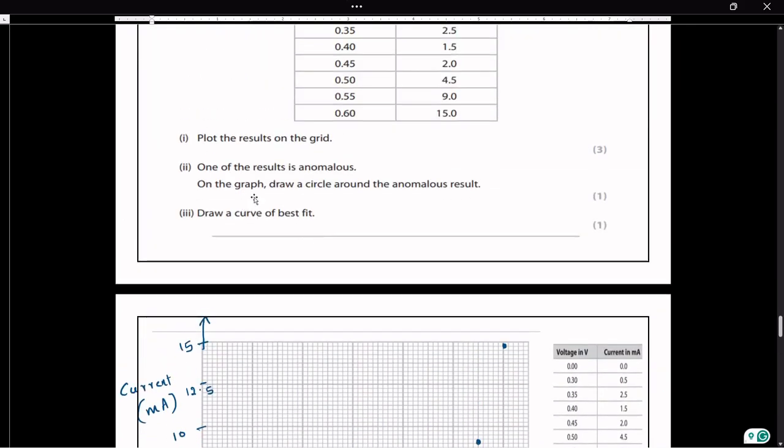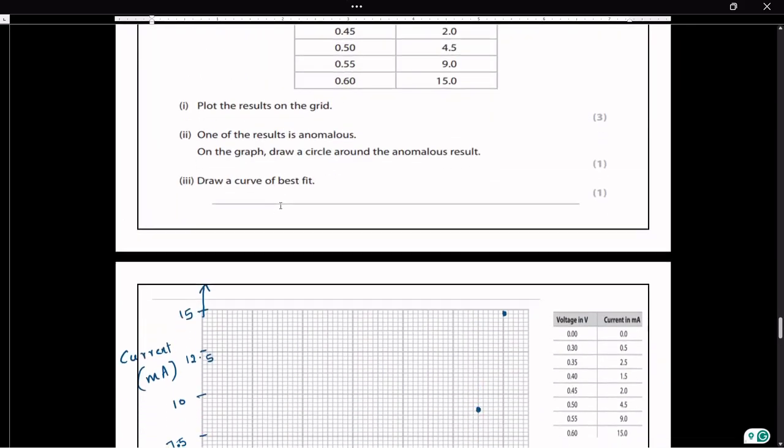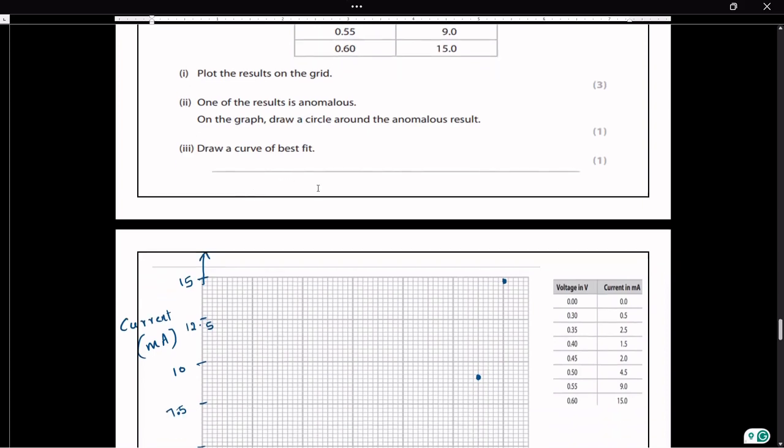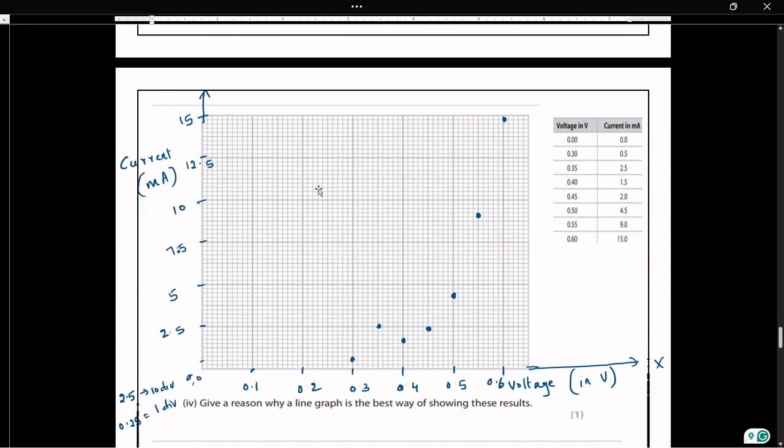Now the next part is there is an anomalous value. You have to encircle it and also draw a curve of best fit. You can say this is the anomalous value. And now we can plot the graph joining the points from the origin, because origin is also given 0, 0.